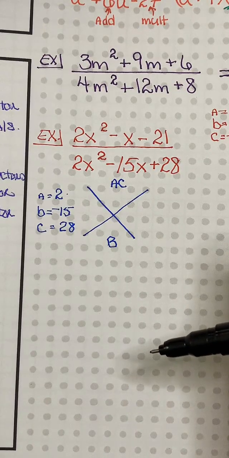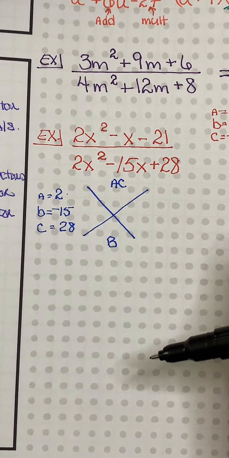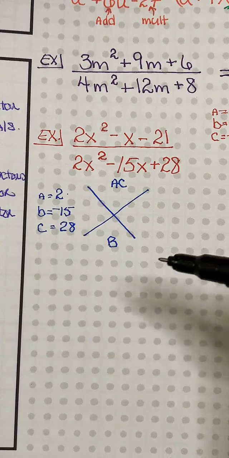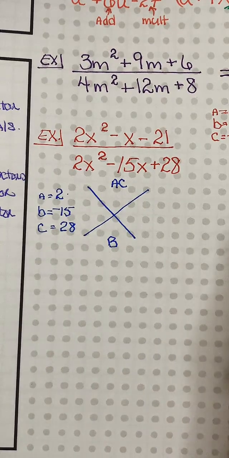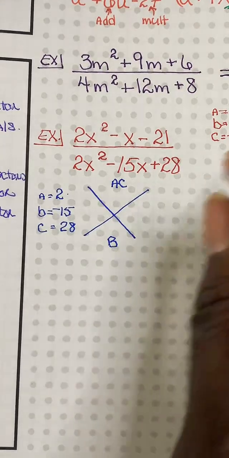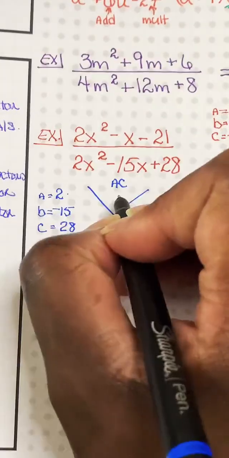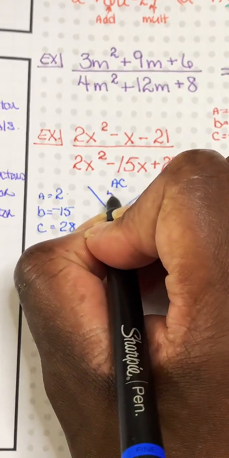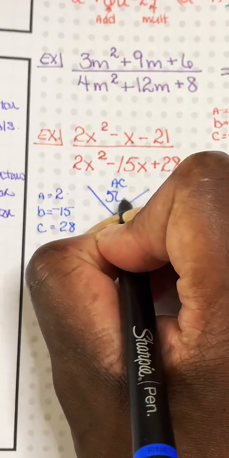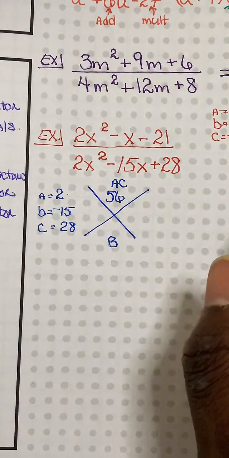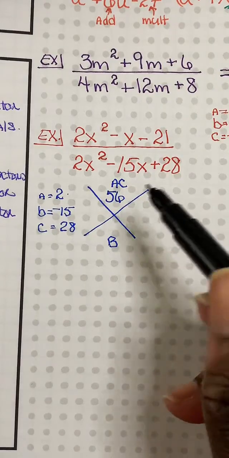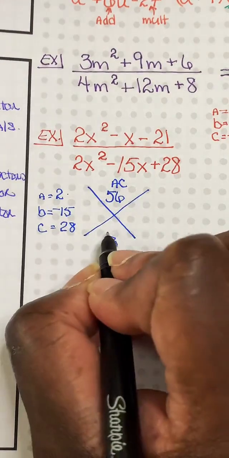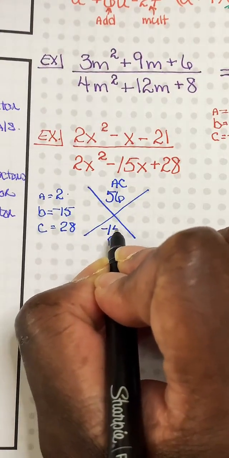It's okay. We're going to take it step by step. So we got our 56. Good job. So now rewriting our B, which is a negative 15.